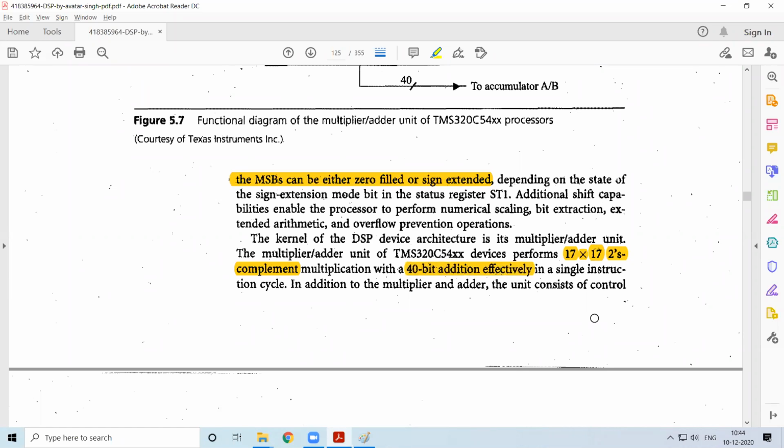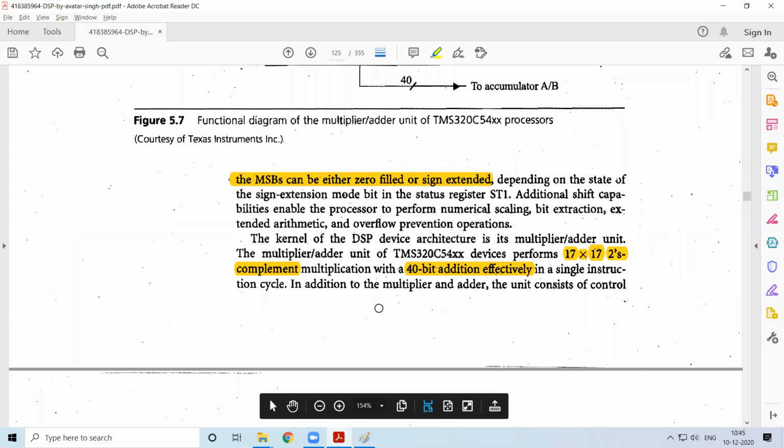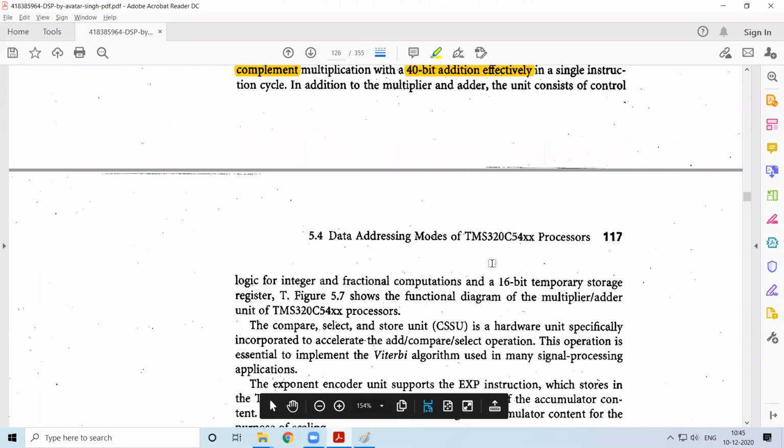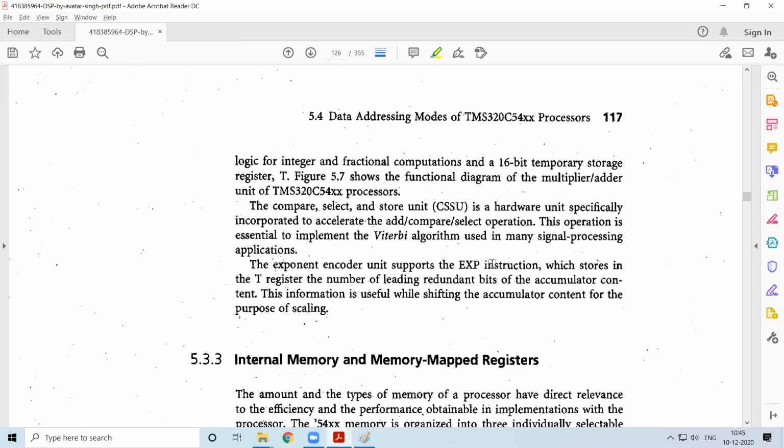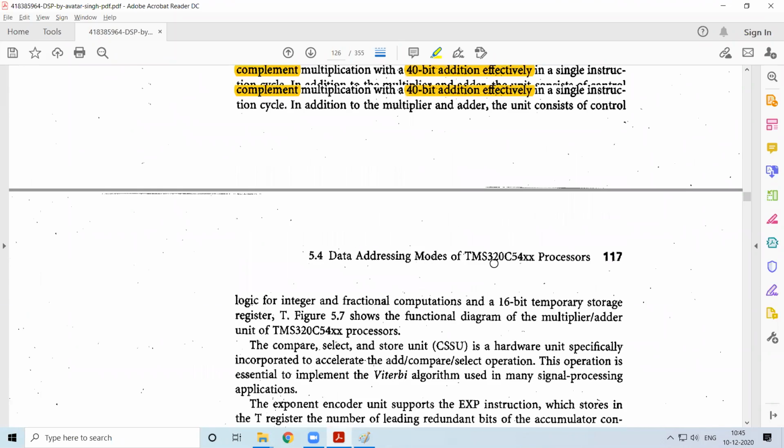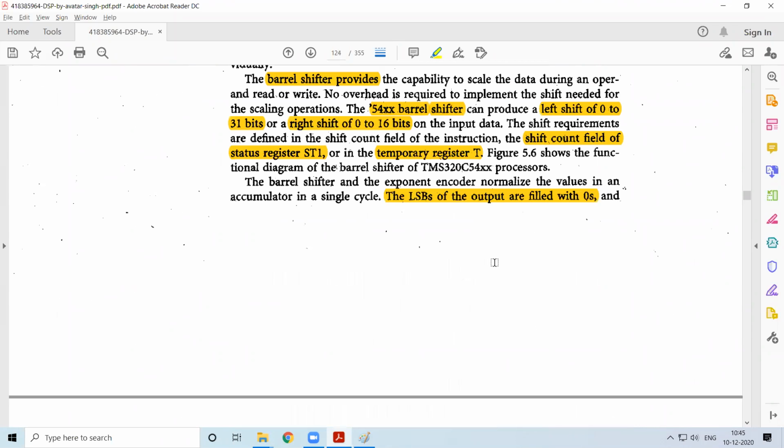Because of this, in one instruction itself, we'll be able to perform the MAC operation, the entire MAC operation utilizing the multiplier and the adder. So this is all pertaining to the shifters.